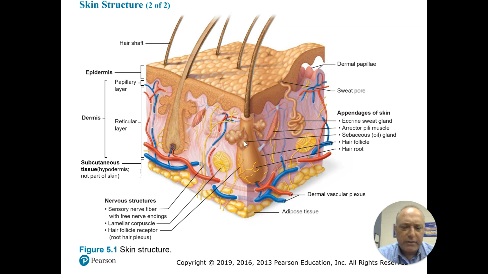Sebaceous glands attached to the hair follicle. You've got your 5 layers of your epidermis, or 4 if it is thin skin. 2 layers of your dermis, your papillary, your reticular layer, and then below your dermis is your subcutaneous layer, which contains a lot of fat.